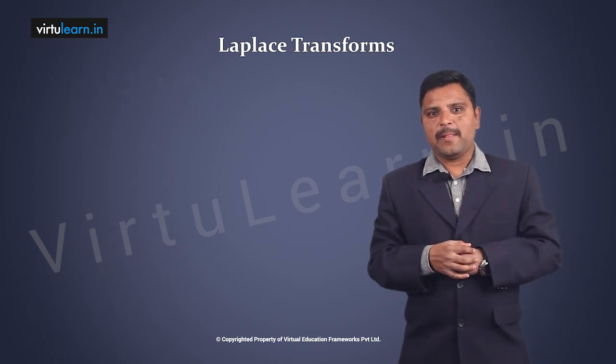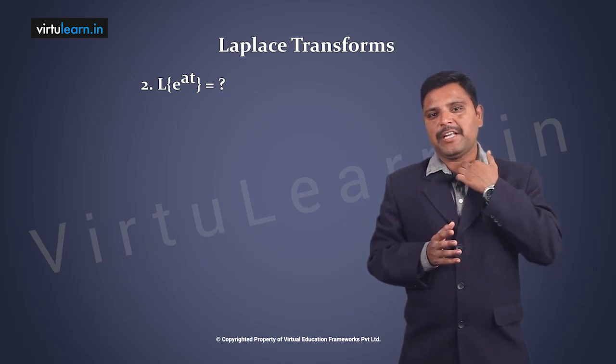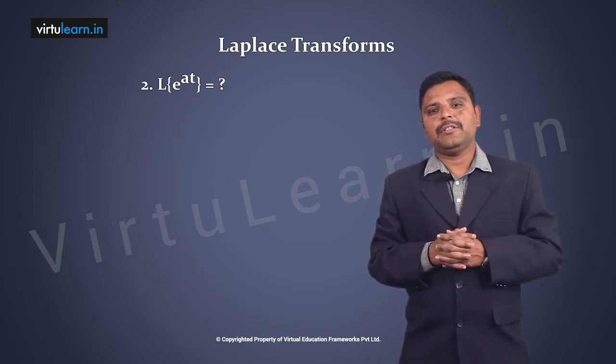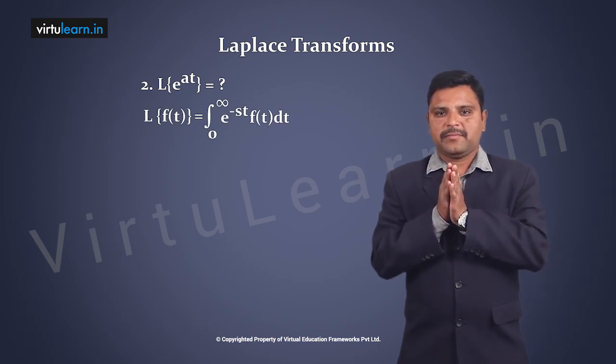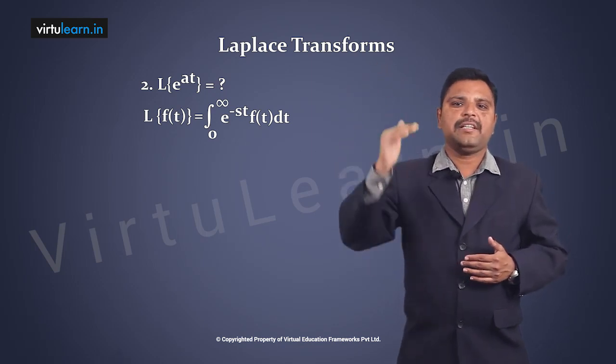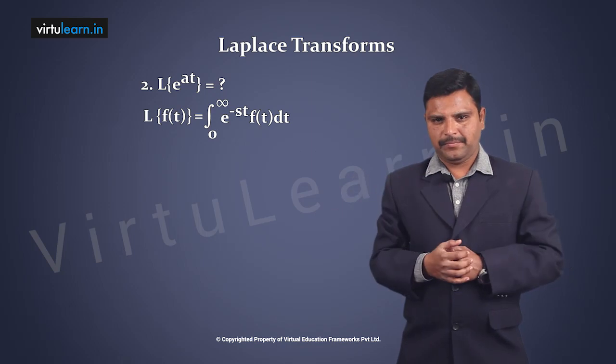In the same way, the Laplace transform of e power at. What will I do here? Again use the formula: the Laplace transform of f of t equals integral 0 to infinity e power minus st f of t dt.